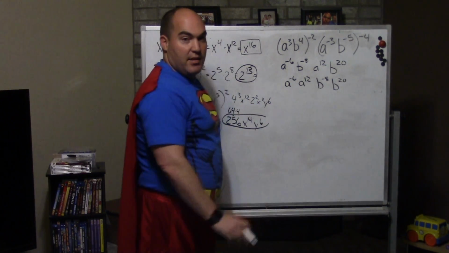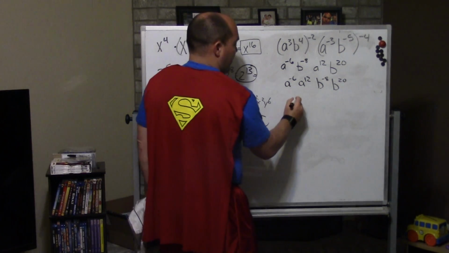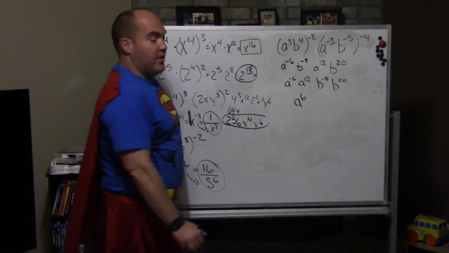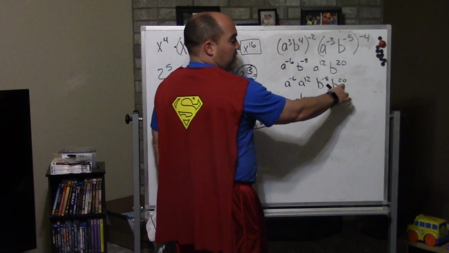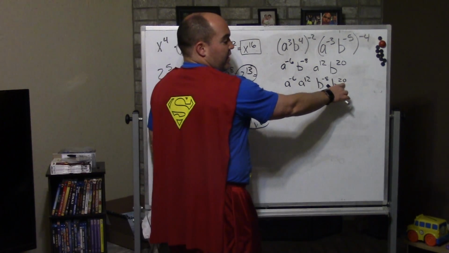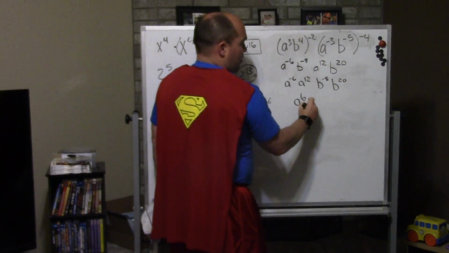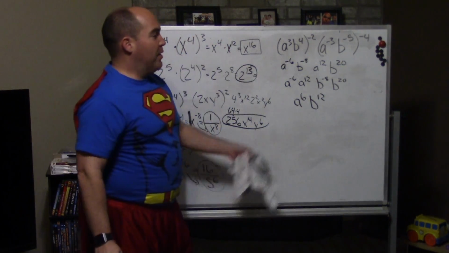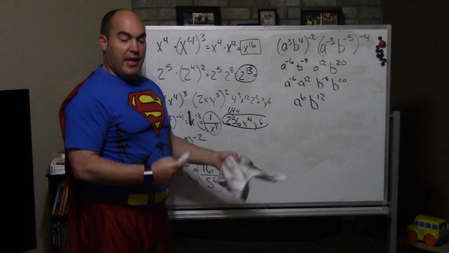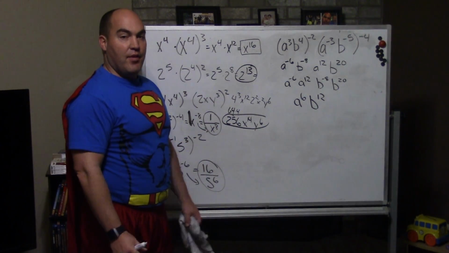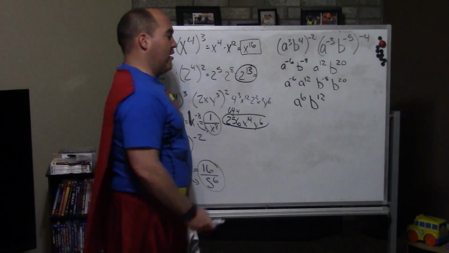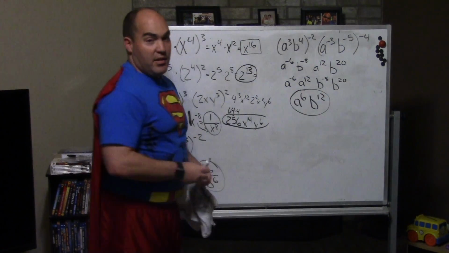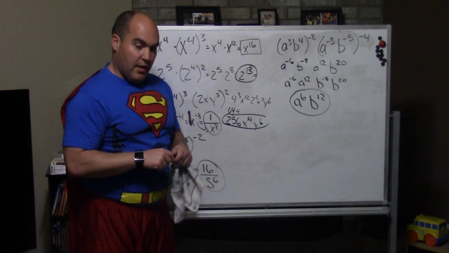That's easy money, alright? So we just get a to the 6th. And then the same thing over here, negative 8 plus 20 is the same thing as 20 minus 8. So we get b to the 12th. So now what started off with a lot of negatives, what looks like a lot of confusion, really isn't that hard. We end up with a to the 6th, b to the 12th.